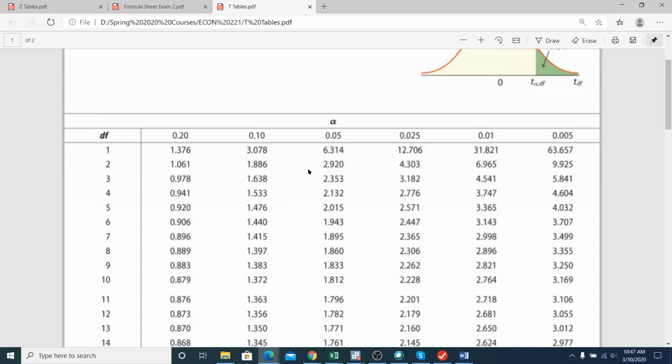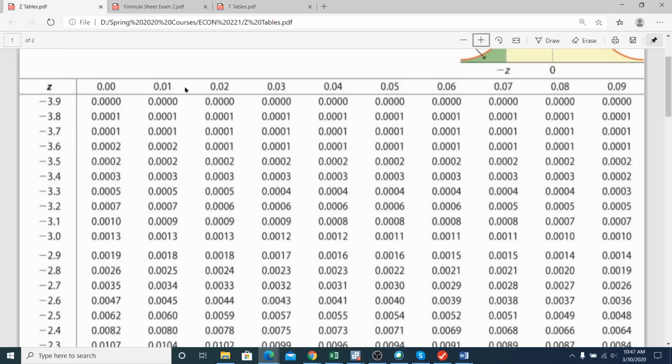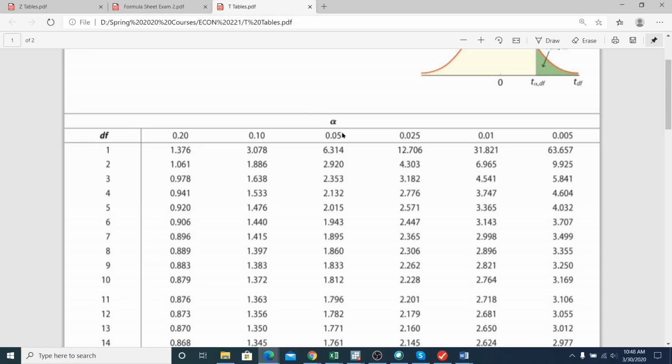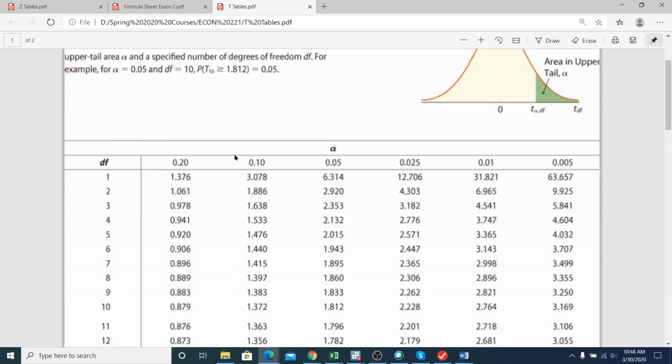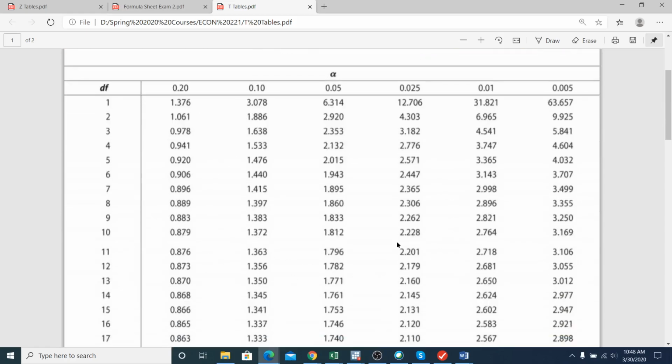But now if we wanted to look up a p-value, here these represent t-values, just like here these represented the z-values. So if we want to find a p-value using the student t-distribution table, we'll look up our test statistic here, then go up to the column to see what that p-value is.